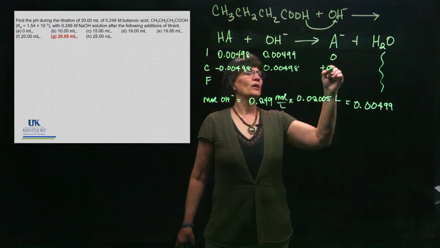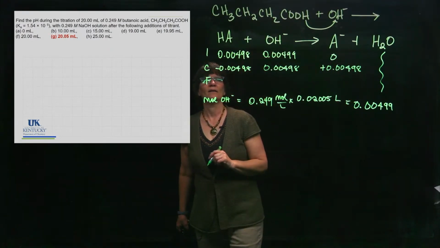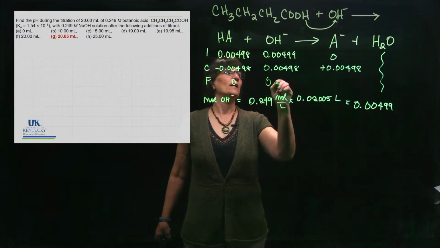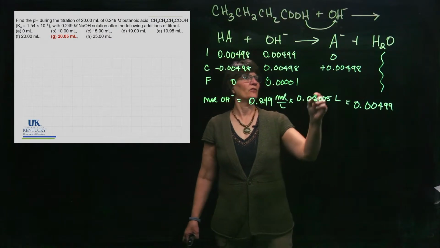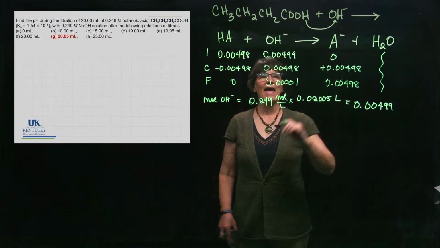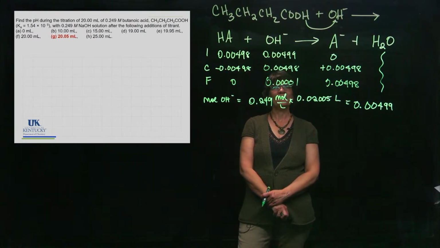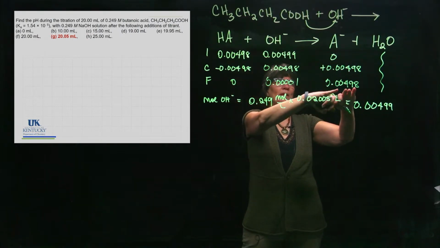I am producing 0.00498 of that. So I've used up all of this, and I have 0.00001 of this, and 0.00498 of this.